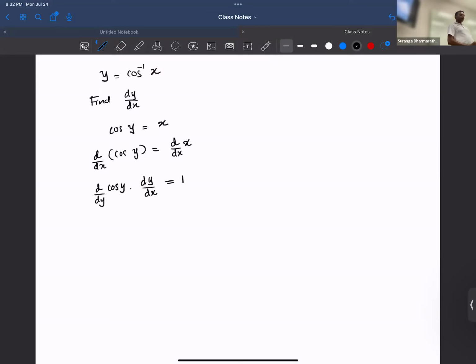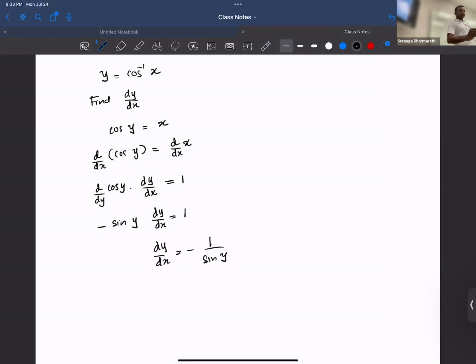So what is d over dy of cosine y? Negative sine y, right? Negative sine y times dy over dx equals 1. So what is dy over dx? Dy over dx is equal to negative 1 over sine y.